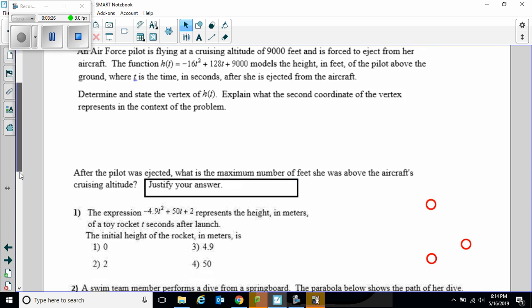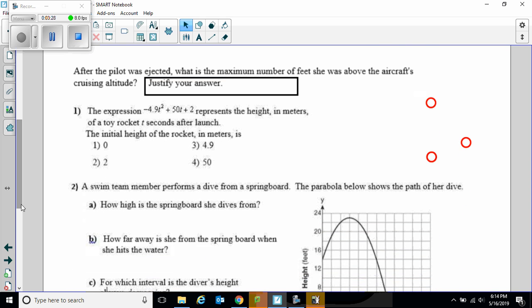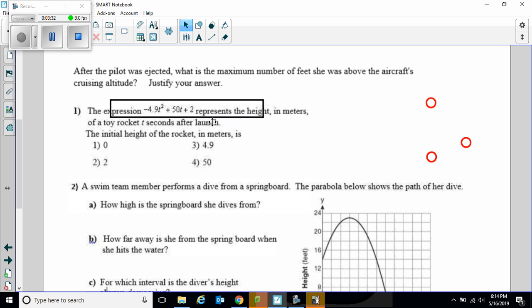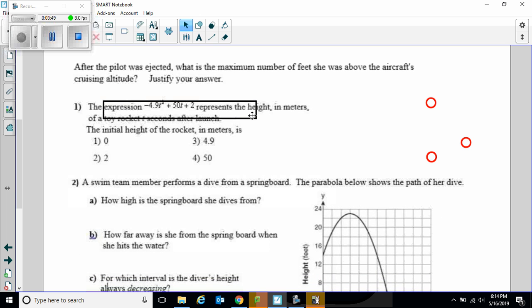The next question is, if I'm looking at this expression, -4.9x squared plus 50x plus 2, it's wondering, what's my initial height? What's my initial height?